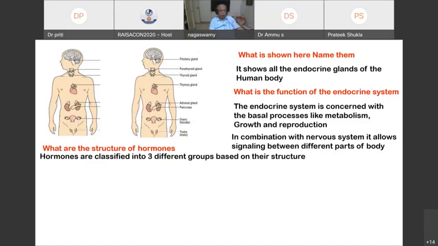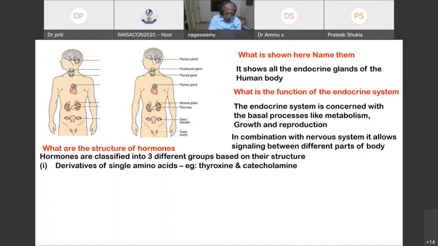Sometimes that may come. Let's say derivatives of single amino acids like thyroxine and catecholamine. What is the amino acid from which they are derived? Common to both. Tyrosine. Have you not heard of that word?